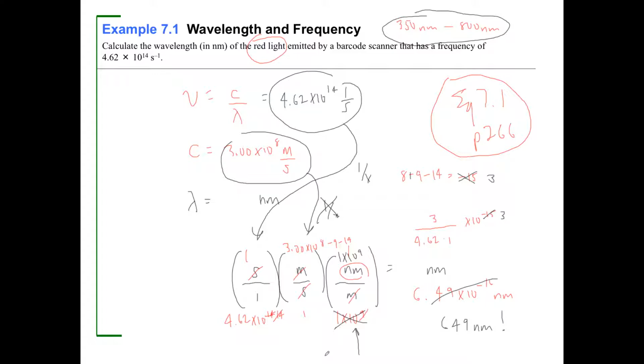I'm going to recalculate this. I'm going to pretend like I did this right. This I'm going to do in blue. And I'm going to say it's really 1 over 4.62 times 10 to the 14, and that was correct right there, right? Times 3.00 times 10 to the 8th over 1 times 1 billion.